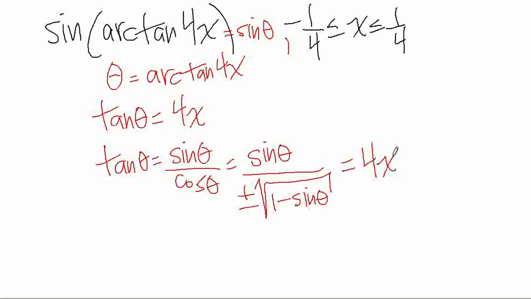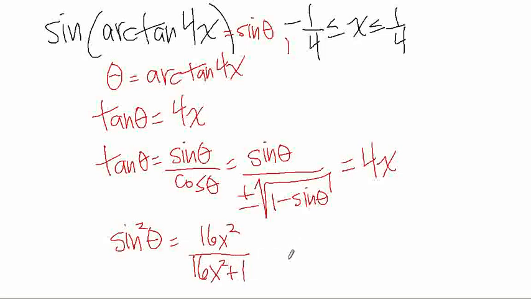If you do, I'll tell you what you'll get. You'll get that sine squared theta is equal to, the squares always have to be positive, 16x squared over 16x squared plus 1.